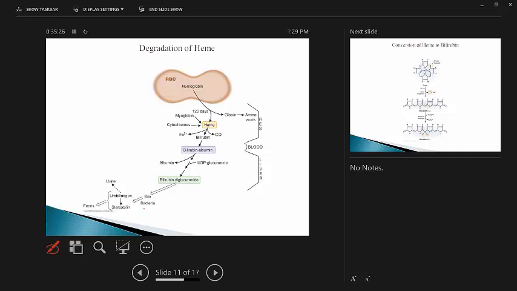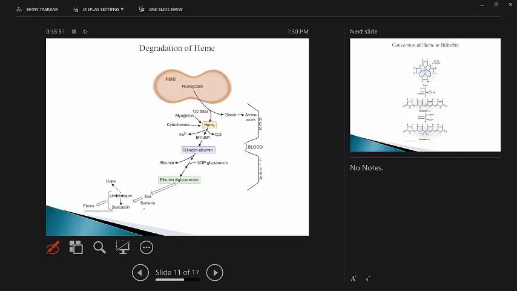So, all right. What's going to happen is myoglobin is a single heme molecule, and it will also give you heme, and the cytochromes will give you heme. The red cells hang around for about 120 days. They're broken down to globin and amino acids.